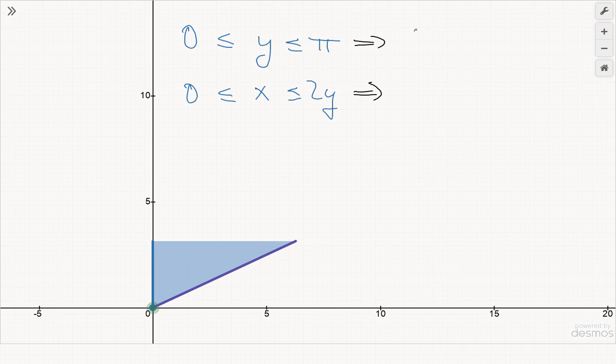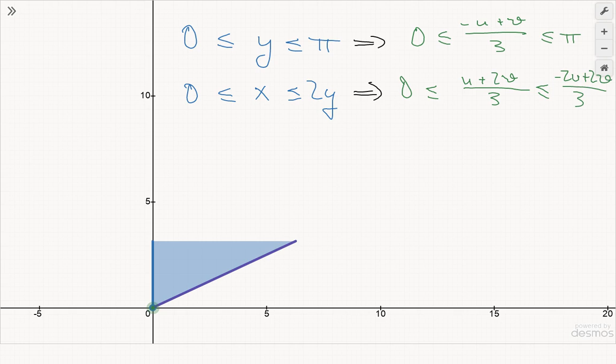Since y was equal to negative u plus v over 3, this is less than or equal to pi, and 0 less than or equal to (u plus 2v) over 3 less than or equal to (negative 2u plus 2v) over 3. Okay, so first we want to multiply out those 3's. So negative u plus v is less than or equal to 3 pi.